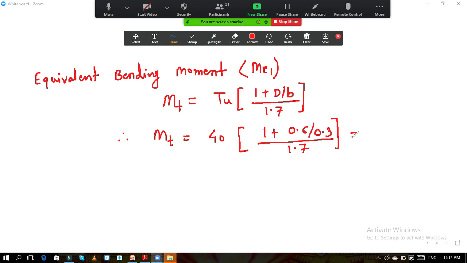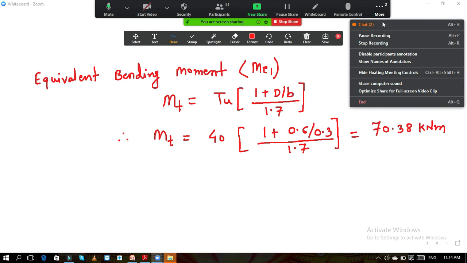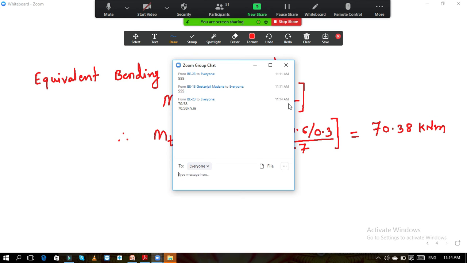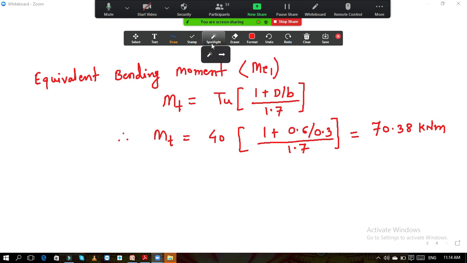Let me know the value of Mt. 70.58 kilonewton meter.